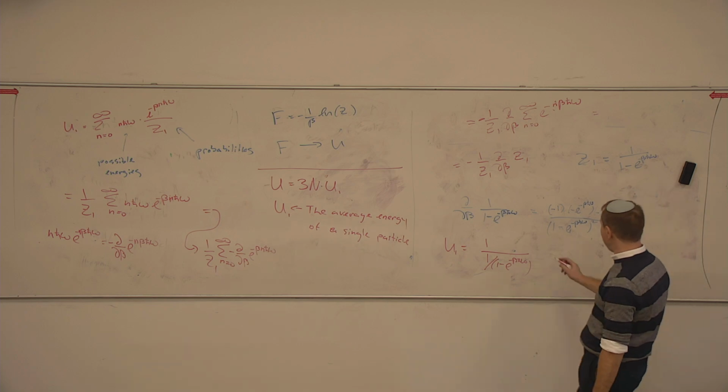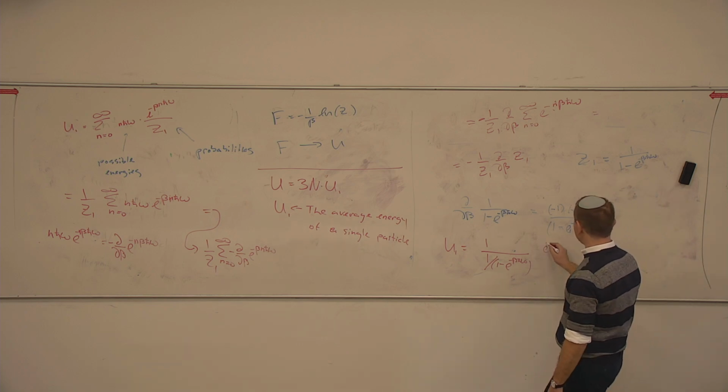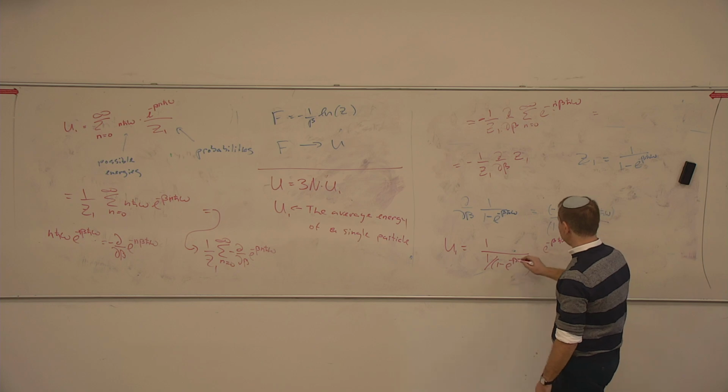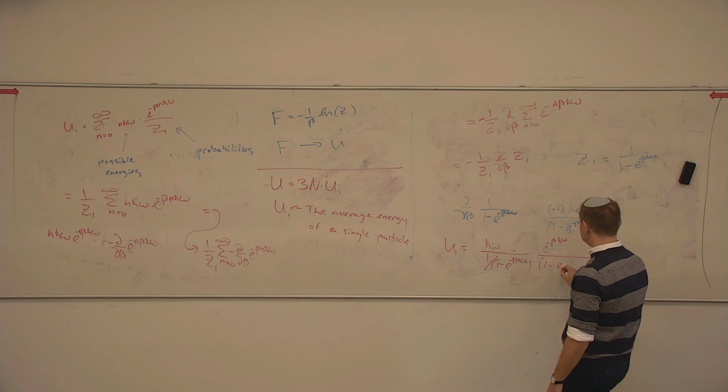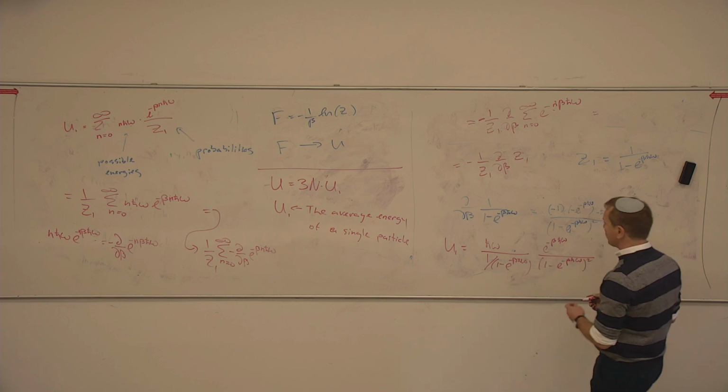So we have e to the power minus beta h bar omega multiplied by, we put the additional h bar omega over here, divided by 1 minus e to the power minus beta h bar omega to the second power.